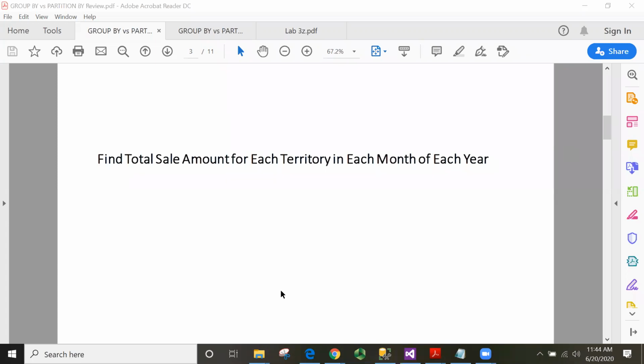So how do we aggregate our data? How do we summarize our data? We want to calculate the total sale amount for each territory, right? Sum amount, very good.